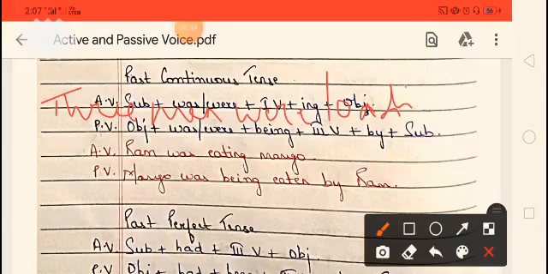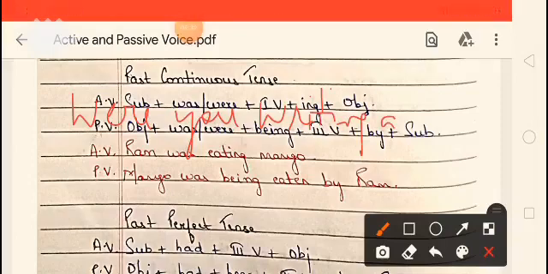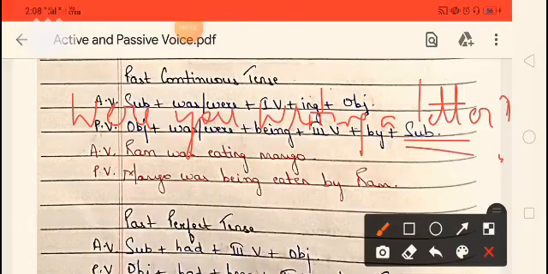Okay, next sentence. The sentence is: were you writing a letter? Suppose it is an interrogative sentence. Were you writing a letter? So we will use the helping verb first according to the object. A letter is what? Singular. So we will use the helping verb was. Was, then your object, a letter.